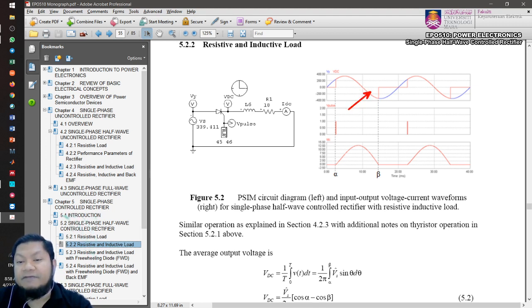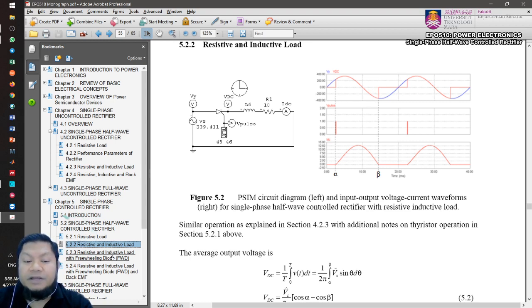So this negative area will actually reduce the output voltage, the average of the output voltage, isn't it? Because of this negative area. So it is good for us if we can remove this. We're going to remove that negative, so therefore there's only a positive area, and therefore there will be more output voltage available from the half wave rectifier. So the objective is to remove this negative area.